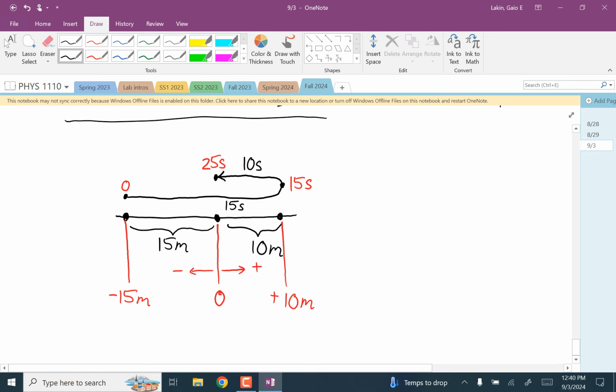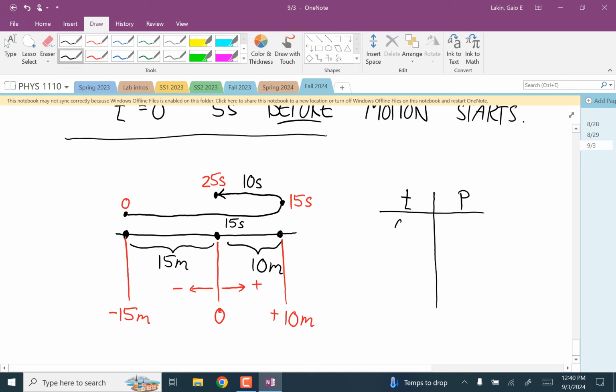So I'm going to write out a little table just for bookkeeping purposes where I mention the time and the position. The first time is 0 seconds, and the corresponding position is negative 15.